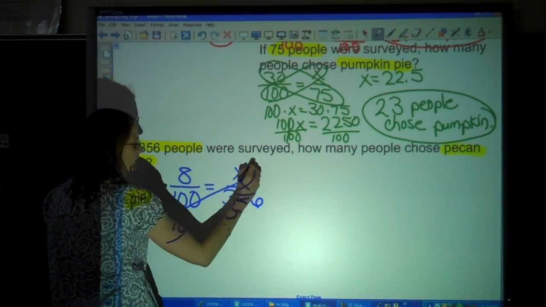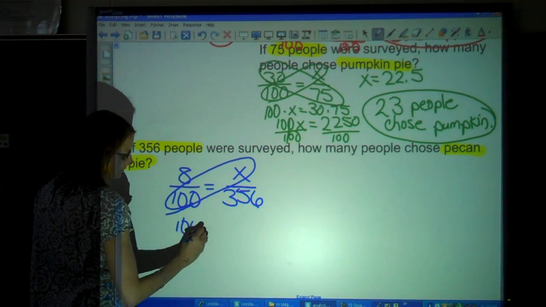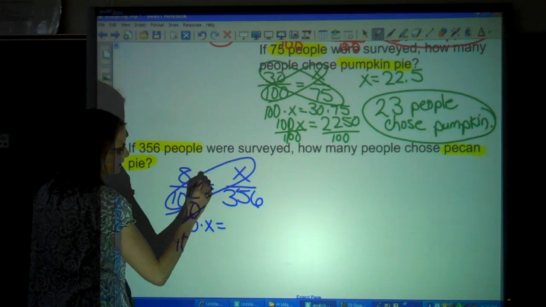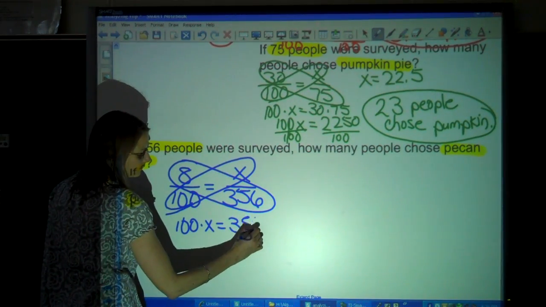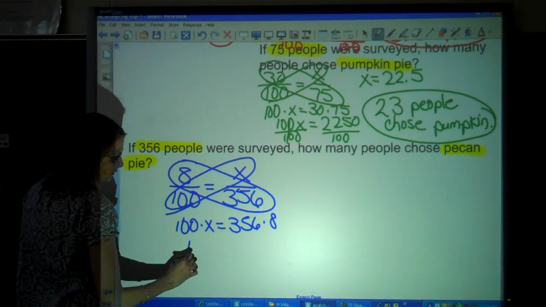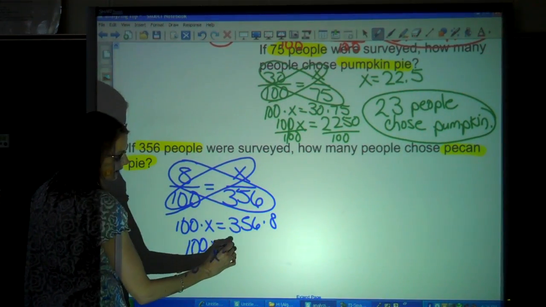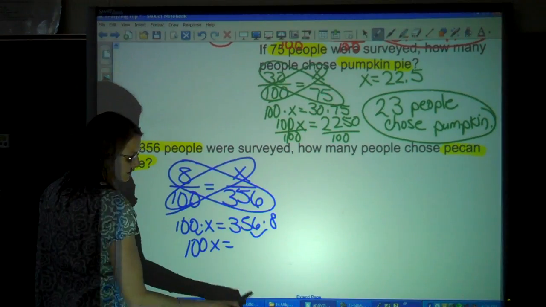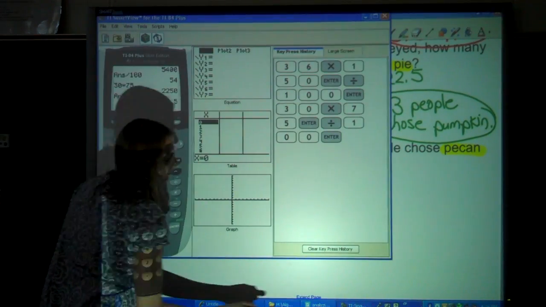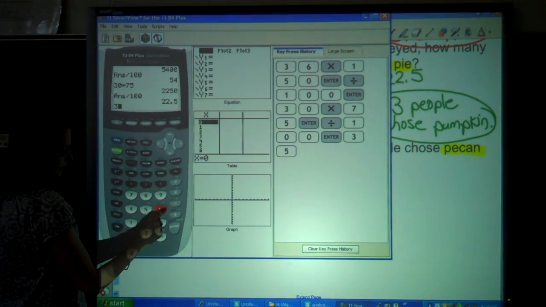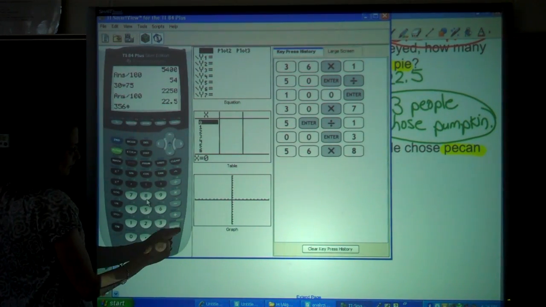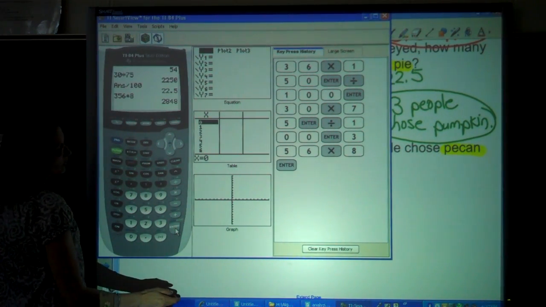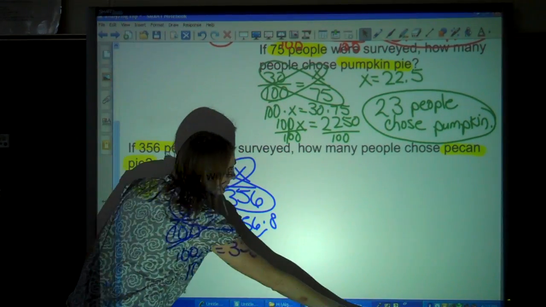So I'm going to do my means times my means is equal to my extreme times my extreme. So I get 100x on this side, 356 times 8, which is 2,848.